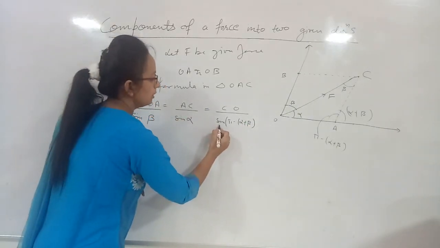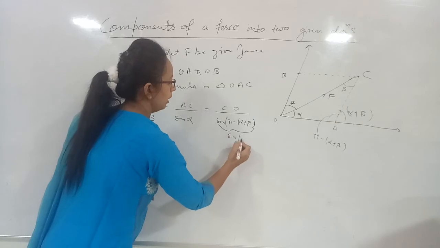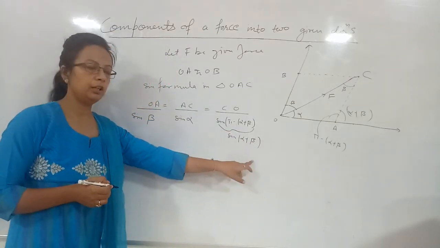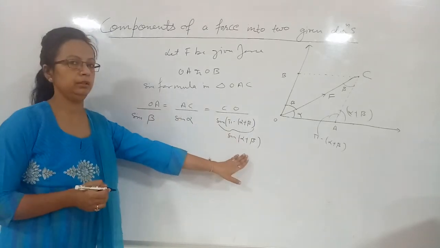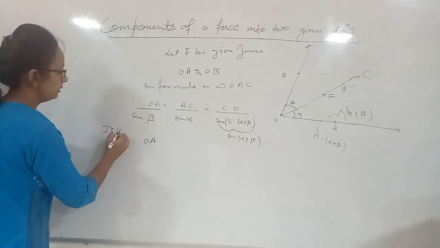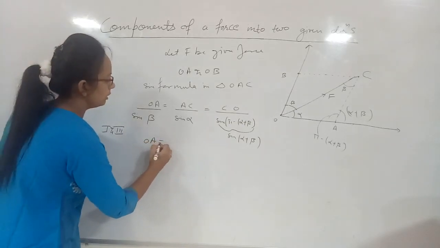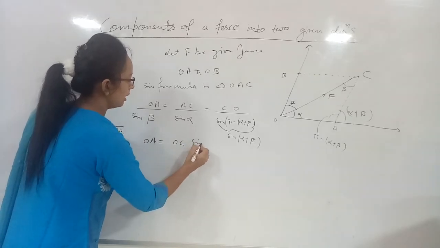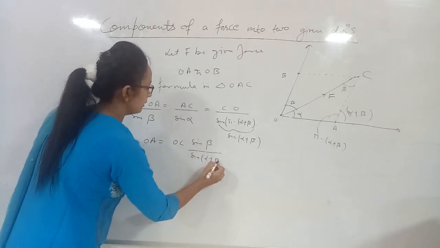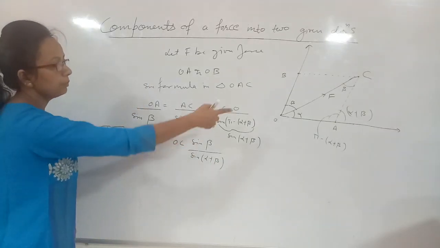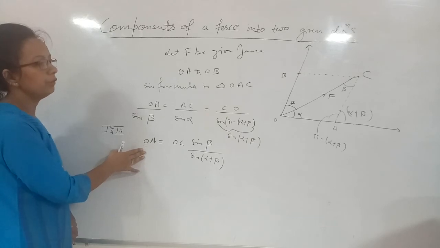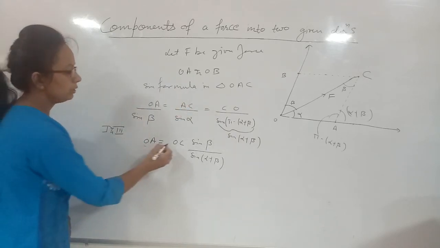Now we can write this term as sine (alpha plus beta), because we know sine (pi minus theta) is sine theta. So from first and third we have OA, this I am writing from first and third. OA is equal to OC sine beta divided by sine (alpha plus beta). What is OA from the figure? We are finding OA, that is the component of F along OA. What is OC?